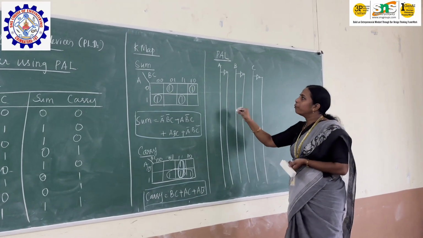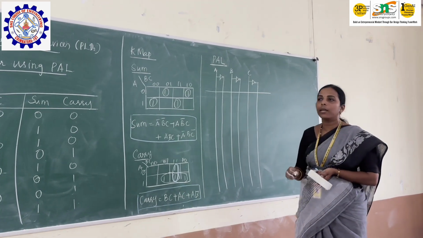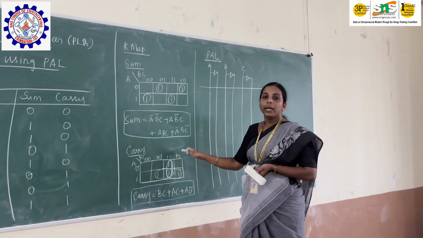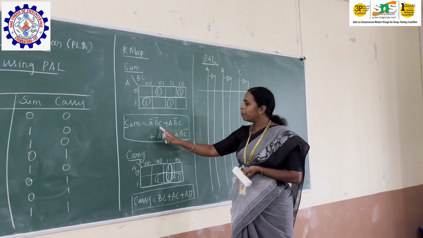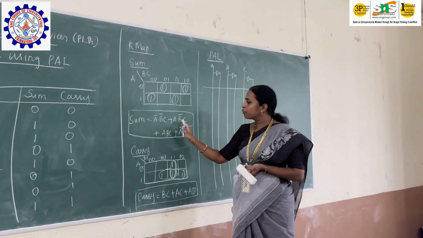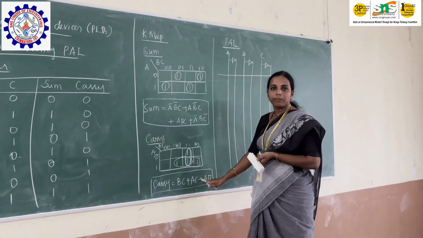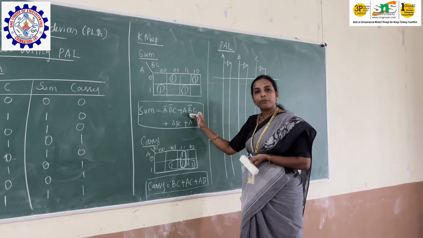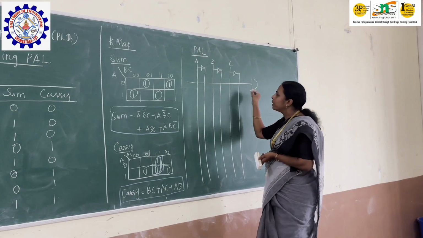Now, how many AND gates? In the case of PLA, the number of AND gates will be equal to the number of minterms, right? Here it is not so. Here the number of AND gates will be, see, this sum has 4 minterms and this carry has only 3 minterms. So the maximum number of minterms will be the number of AND gates for every single output.